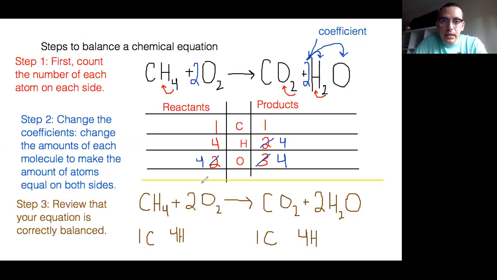Now oxygens. Here we've got 2 times 2, 4 oxygens. And then on this side, we've got 2 oxygens here, plus the 2 oxygens that are right here. So we've got 4 oxygen. So that would be our final answer.